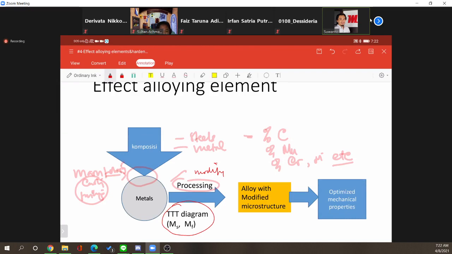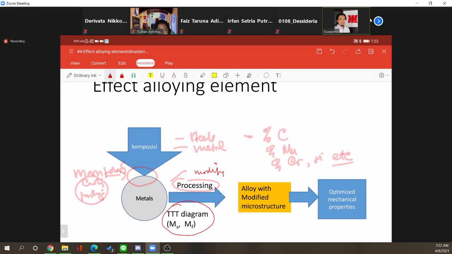So as we already learned, for example, if we would like to have martensite, then we have to quench the sample very fast, and it should be in front of the critical cooling rate, so in front of the nose.